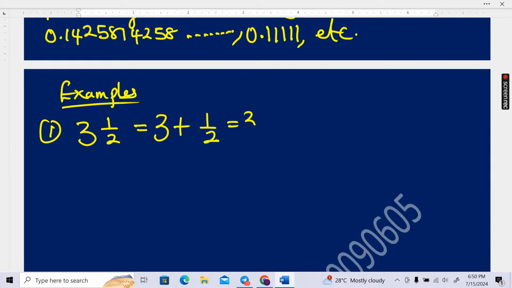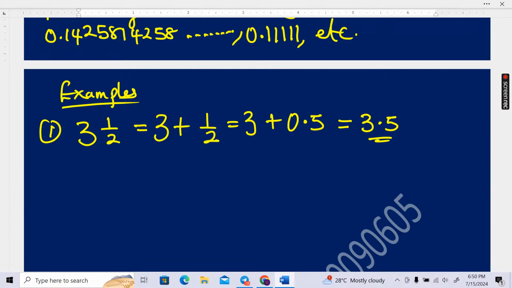Now, the decimal expansion for half is 0.5. So I'm going to write 3 plus 0.5. You can see that I have replaced half with 0.5. So let's add them up together. 3 plus 0.5 will be equal to 3.5.